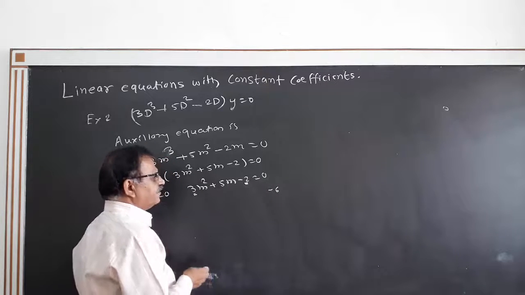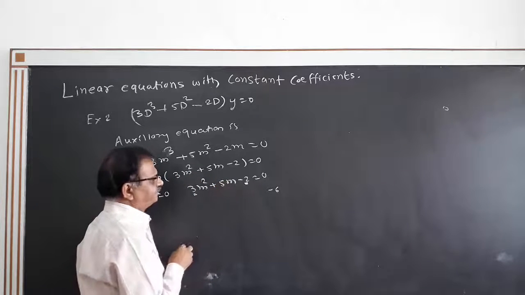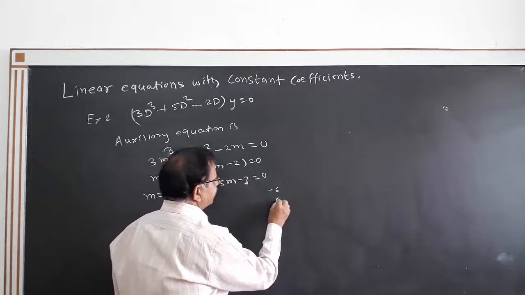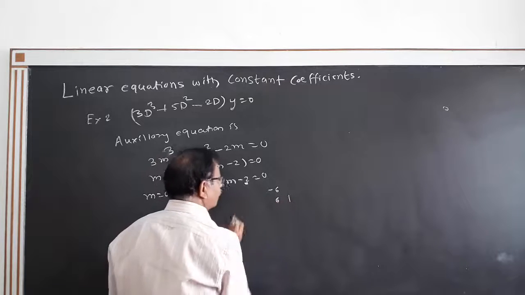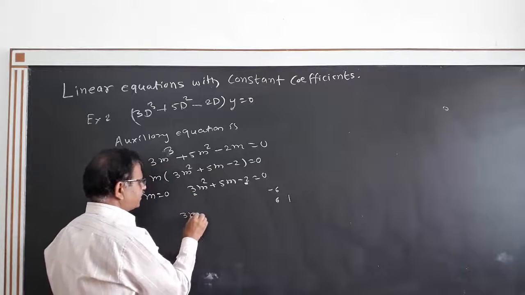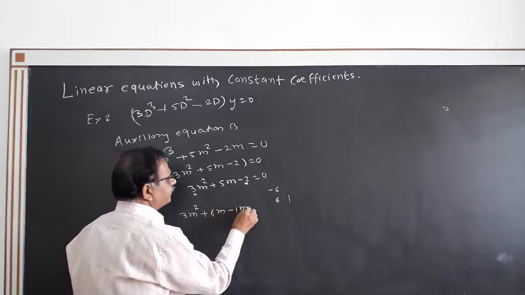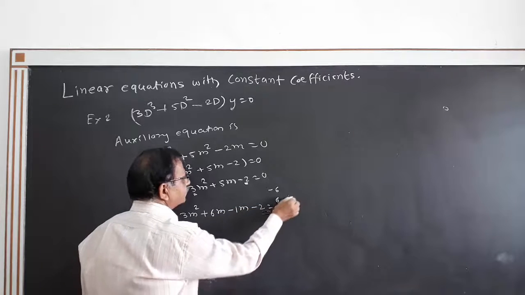There must be factors whose difference is 5, that are 6 and 1, and 6 minus 1 equal to 5. Therefore, this term can be written as 3m square plus 6m minus 1m minus 2 equal to 0.